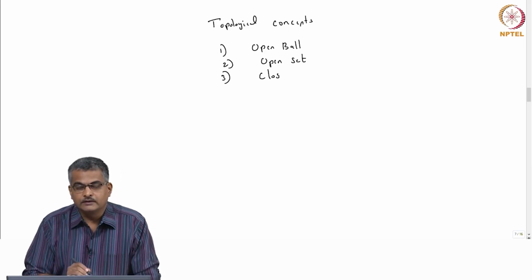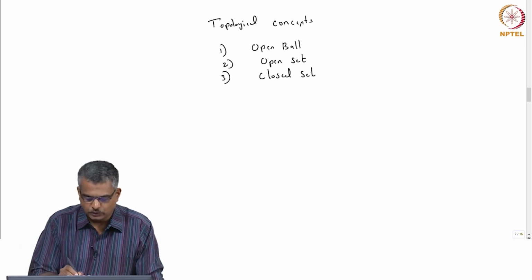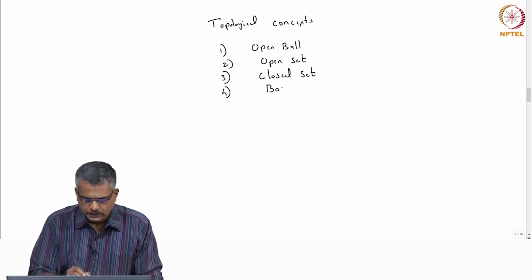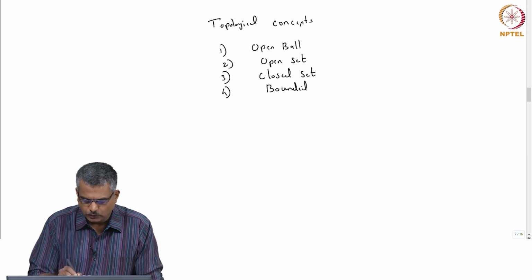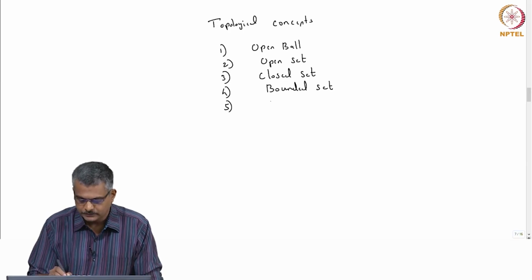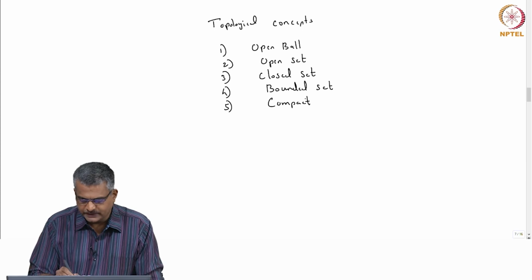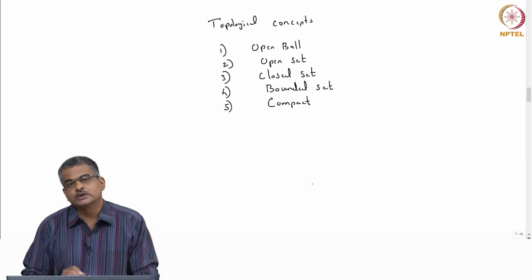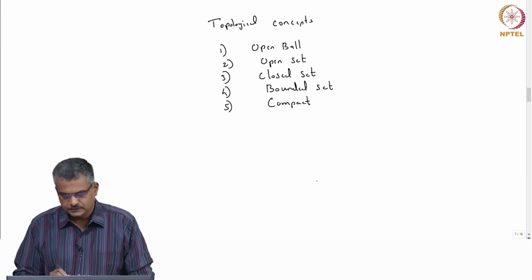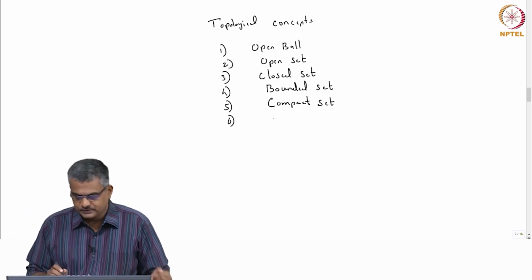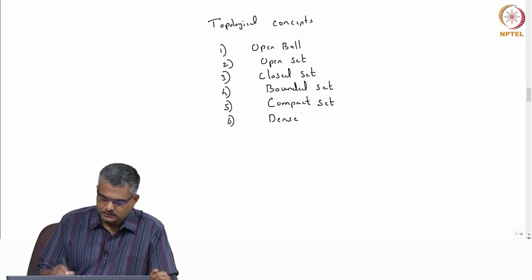Once we have the notion of open set, we can talk about closed set, and then bounded set. When is a set said to be bounded? This also leads us to the notion of compact set, a very important notion in our analysis, with a very powerful property.